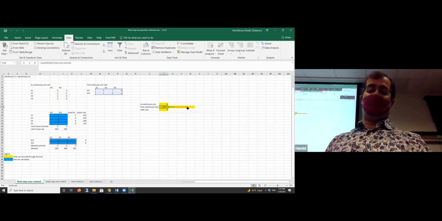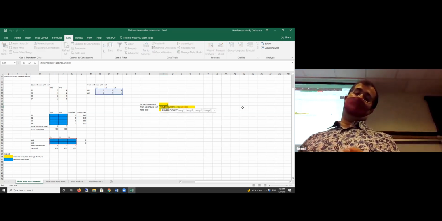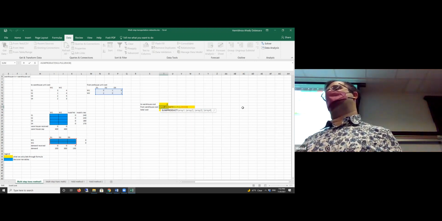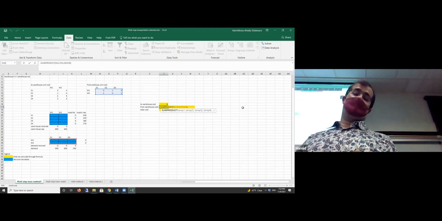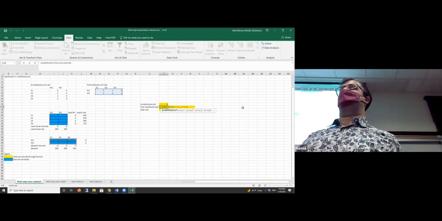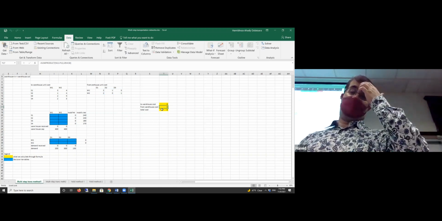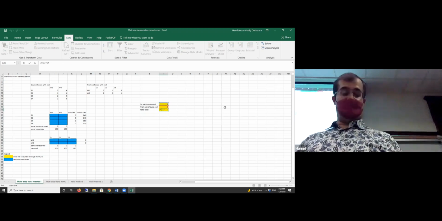The second yellow cell is the cost of sending from the warehouse to the demand points. So you multiply the decision variable, warehouse to demand points, times the cost. And the last one is just the sum of both costs, to the warehouse and from the warehouse.